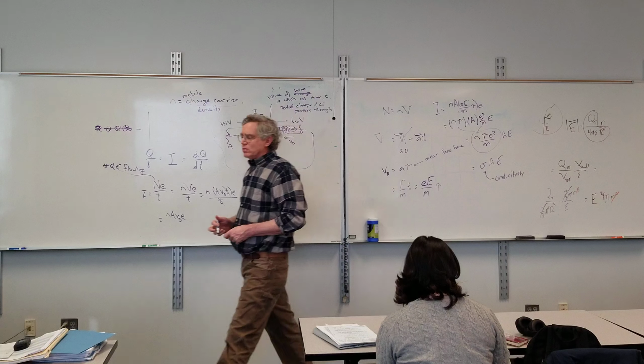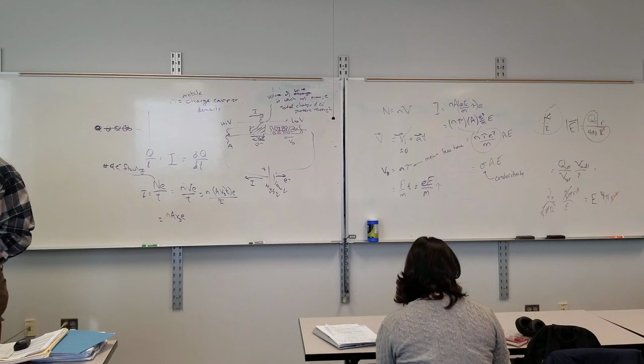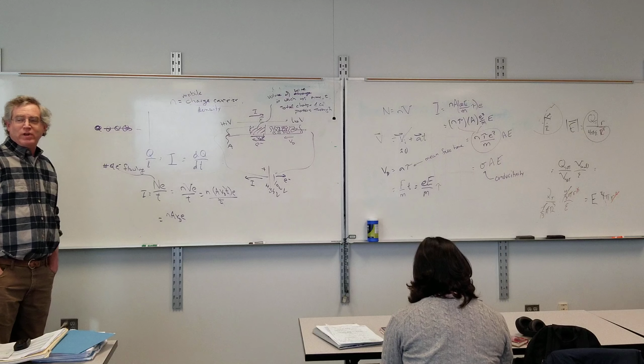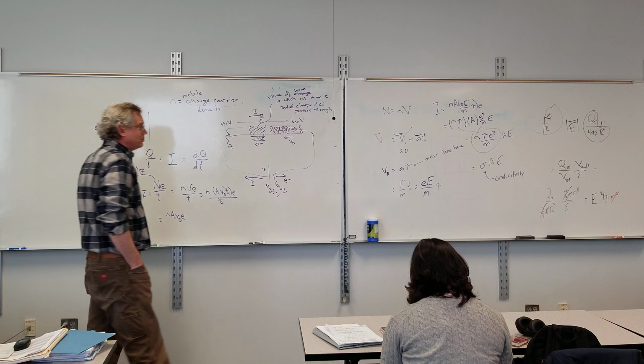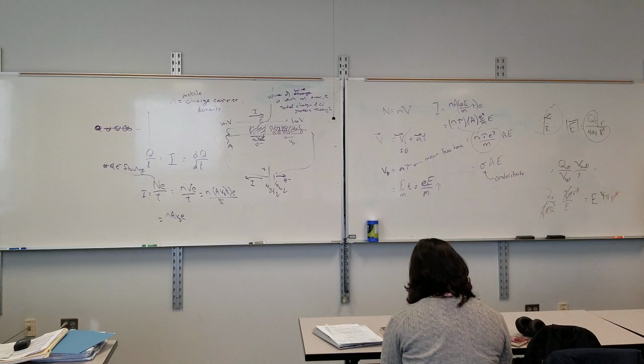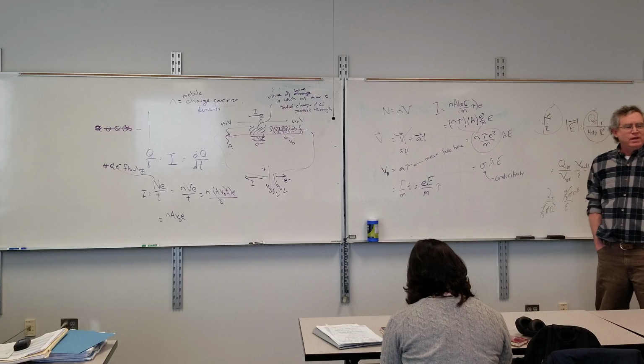Take a quick look to make sure that I didn't leave something off. Not to be confused with the other sigma for surface charge density. We've run out of letters. So conductivity is a measure: if I have a material, the larger the value, the easier it is for charges to flow. Is it related to resistance? It is.